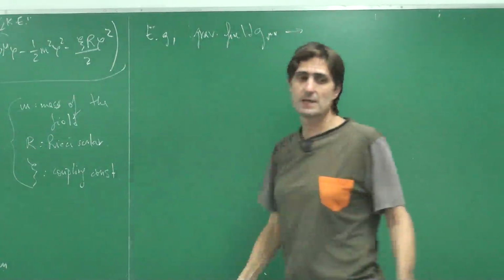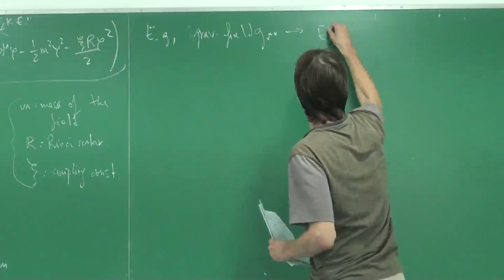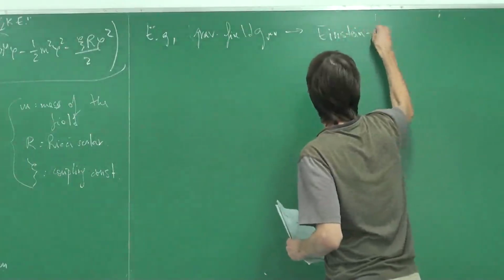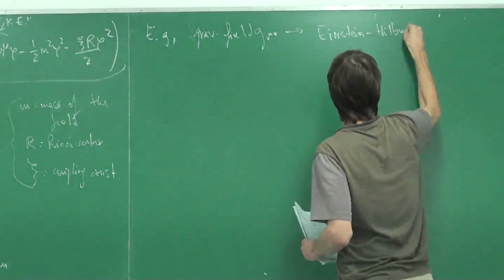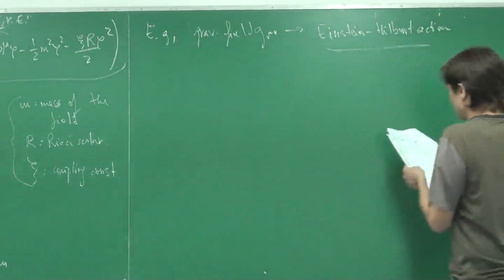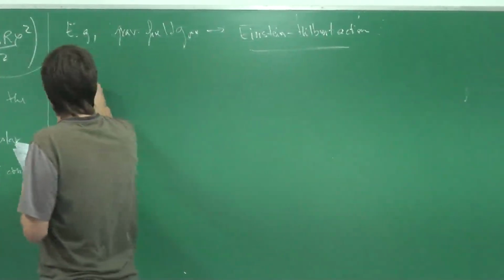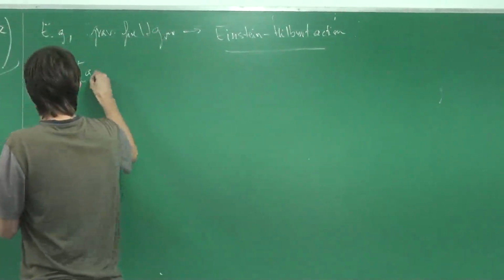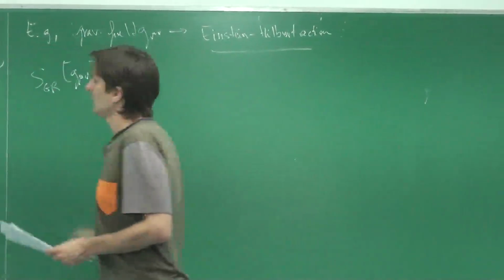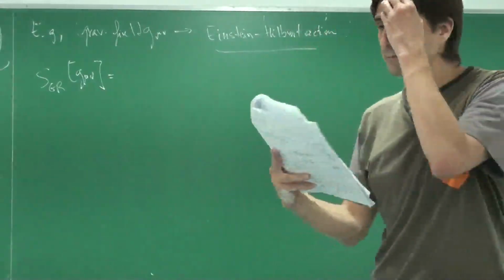In this case, the action functional is the Einstein-Hilbert action of general relativity. So it's a functional of the field, which in itself is a function of the space-time point.